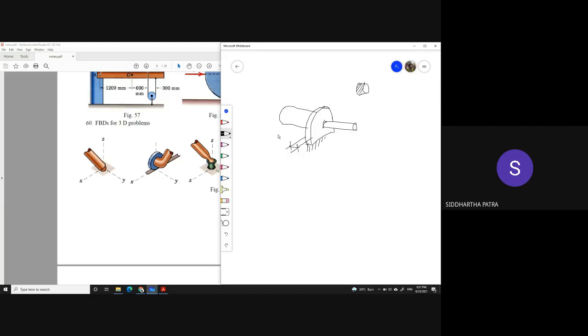Whereas if I make this thickness very small, so much so, this is no longer a cylindrical surface contact. It's a line contact. What do you think happens if it is a line contact?